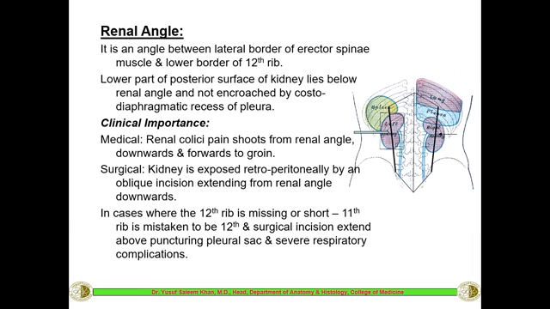Okay, and what's the importance of this angle? Especially medically, this is the site from where the renal colic pain, the pain of the kidneys, the colicky pain, starts. The typical feature of this pain is that it begins at this angle, winds around and goes up to the groin, up to the genital region.